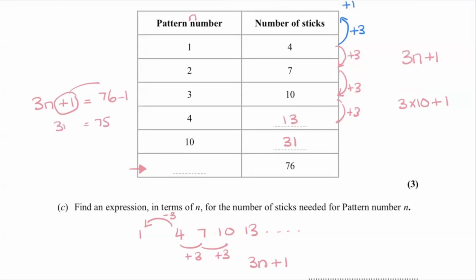So I've got 3n equals 75, and then I divide through by my 3. So 75 divided by 3, 3's into 7 go 2, remainder 1, and 3's into 15 go 5, 25 being the answer there. That last one in the table is definitely very, very tricky.